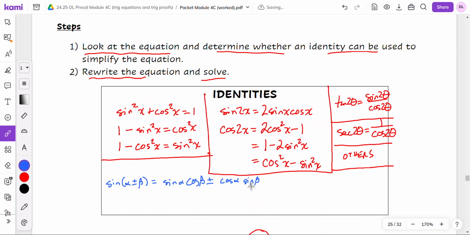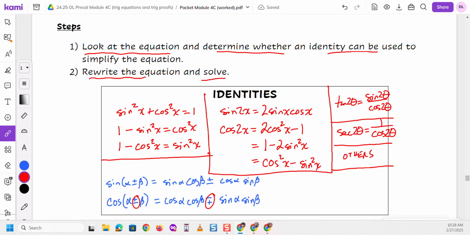So we have sine, cosine, plus or minus, cosine, sine. And with the sum and difference, cosine of alpha plus or minus beta is going to be given by cosine of alpha cosine of beta, minus or plus sine of alpha sine of beta. So it's important to note the difference with the cosine one.